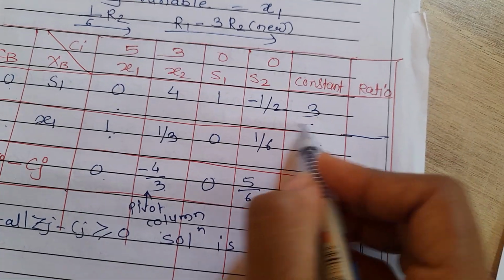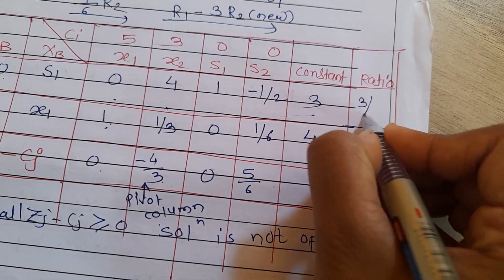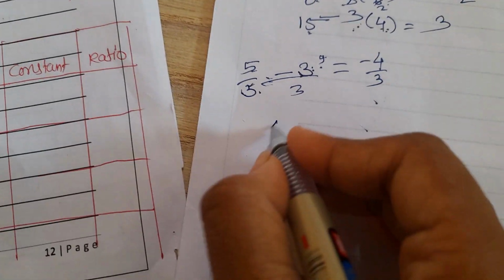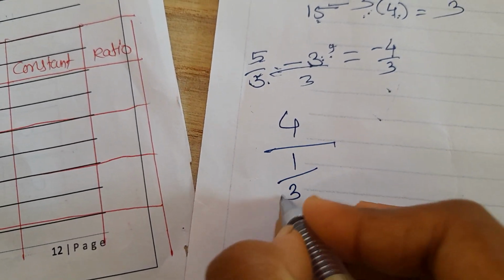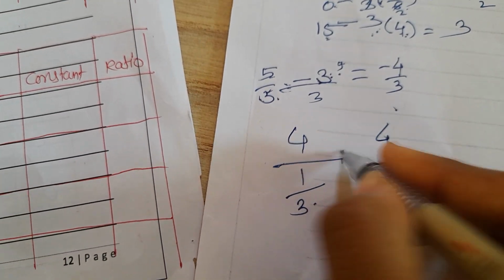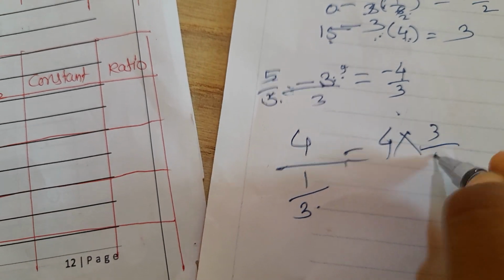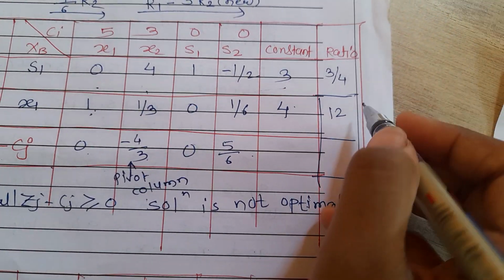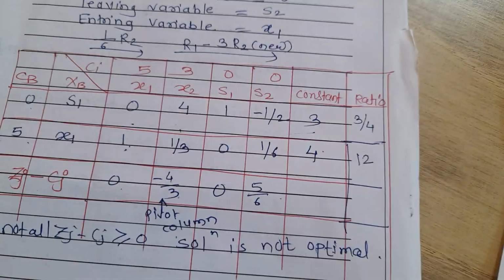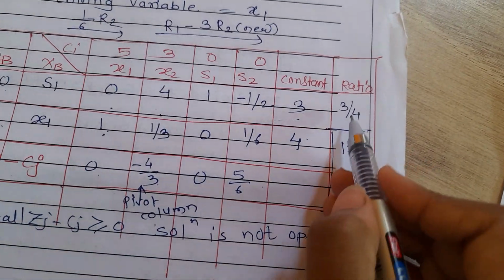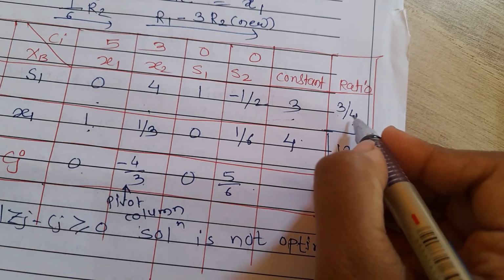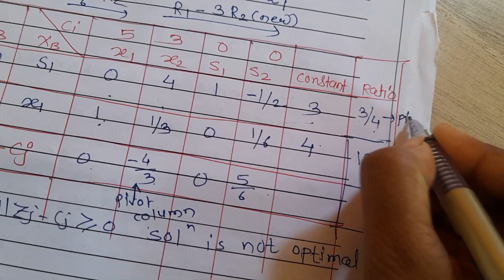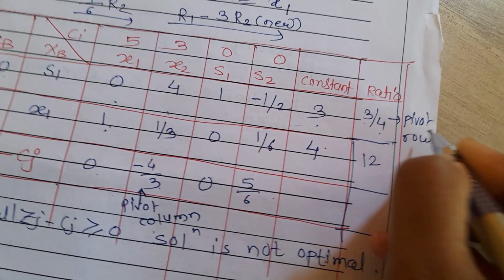The elements are 3 divided by 4, that is 3 upon 4, and 4 upon 1 by 3, which becomes 4 into 3 by 1, that is 12. Therefore, we select the minimum element, 3 by 4, which is 0 point something, as the pivot row.